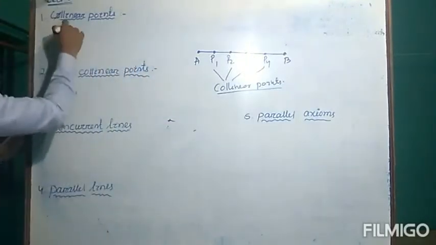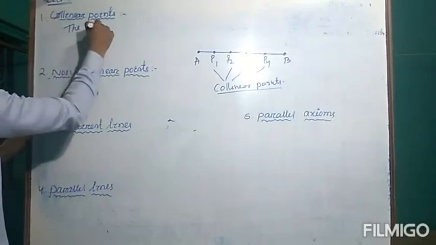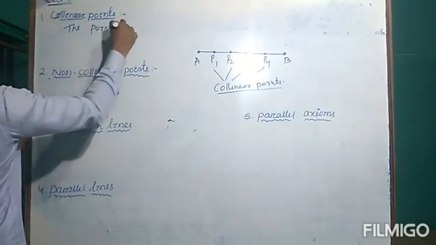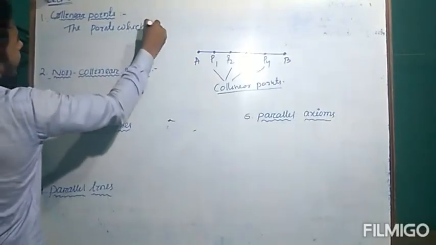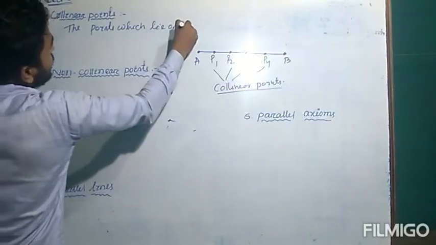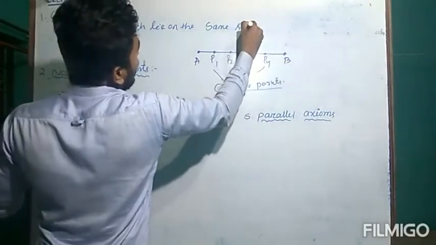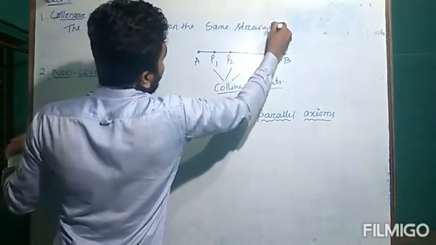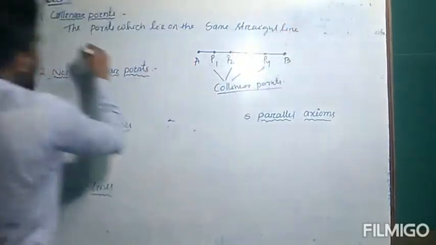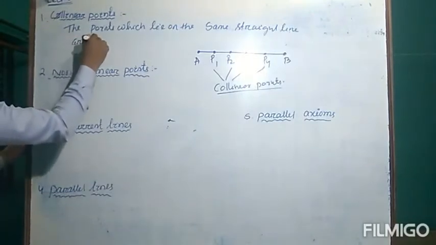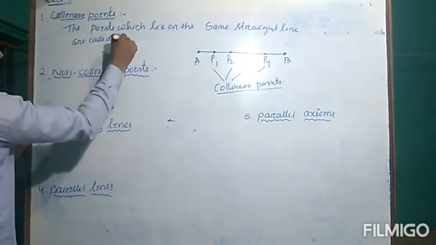So write it. The points which lie on the same straight line are called collinear points.